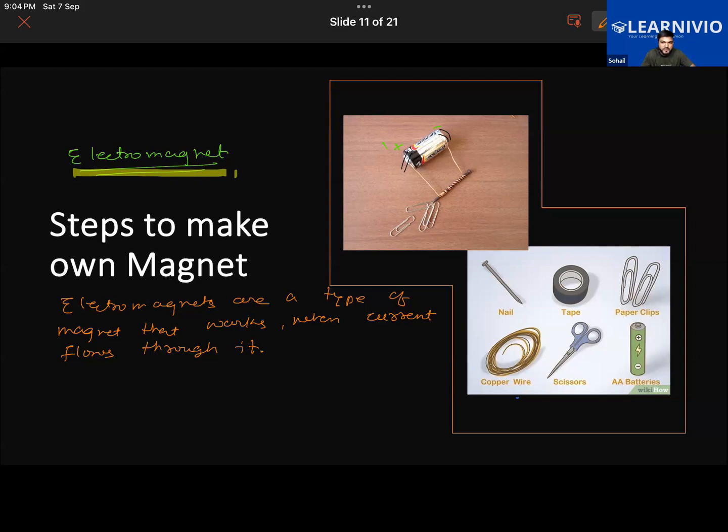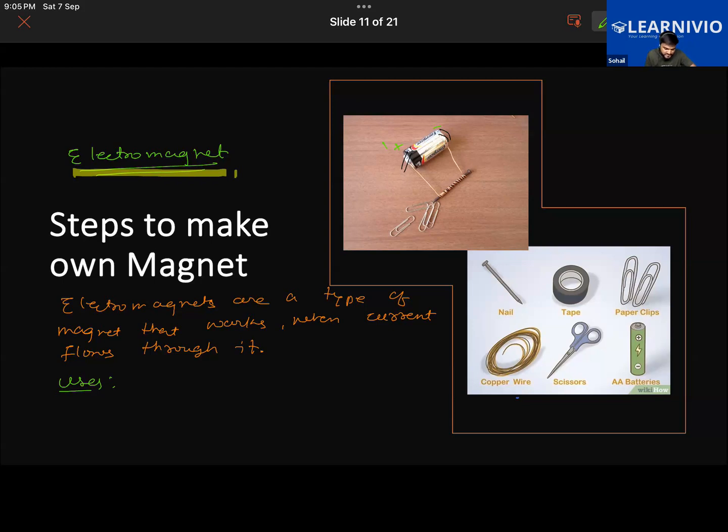Also, there are several applications of electromagnets. Uses of electromagnets are as follows. Electromagnets are used in cranes, generators, loudspeakers. There are lots of instruments where it is used.